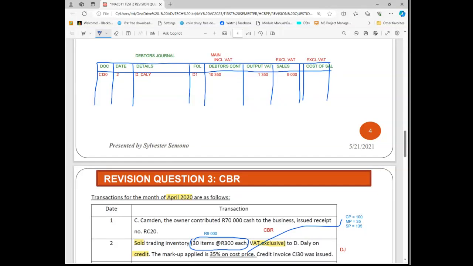On what? On cost price. 9,000. Yes, 9,000 on the cost price. Wait, I can't see it. Which 9,000 are you talking about?